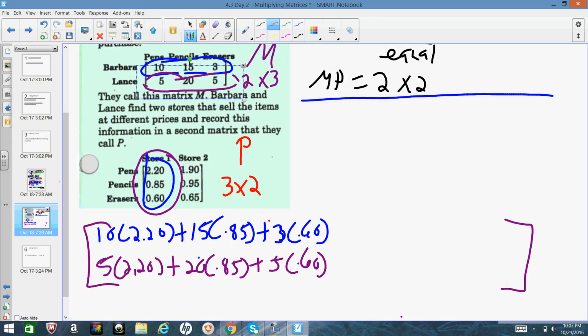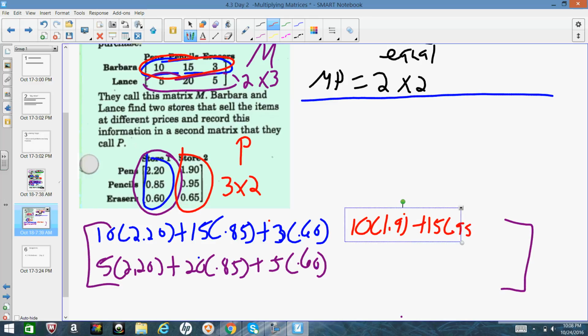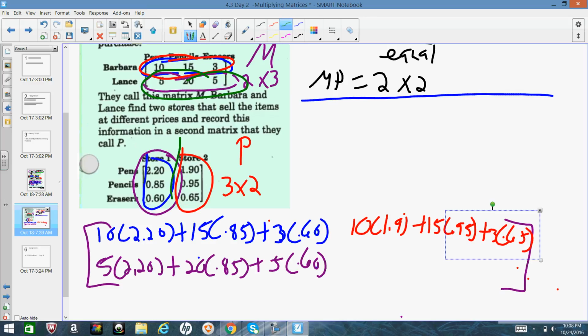Over here, I'm going to take the top times the right to give me my top right. So I'm going to have 10 times 1.9 plus 15 times 0.95 plus 3 times 0.65. And finally, I'm going to take the bottom times the right to get my bottom right.